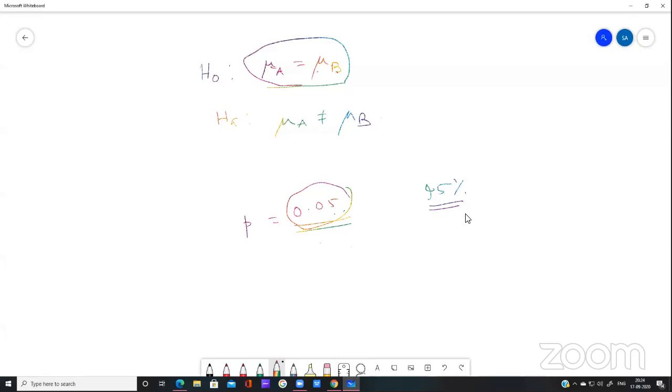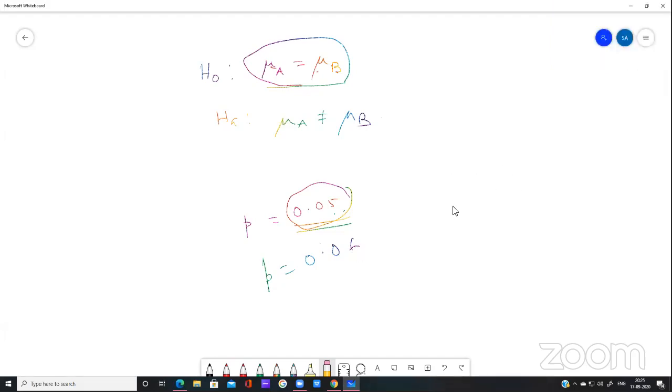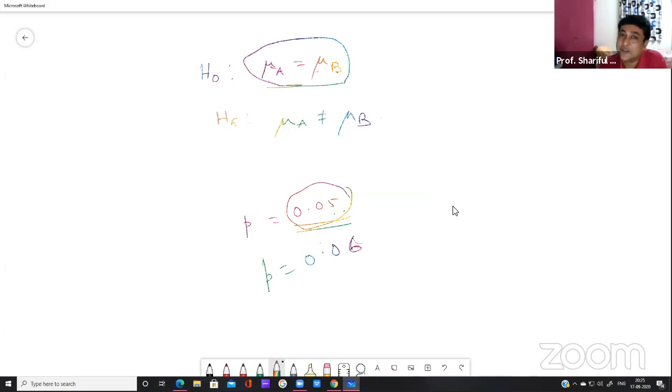Now, if the p-value is 0.06, what does it mean? Simply, we can assume 6% evidence is against the null hypothesis, so 94% evidence is in favor of it. Whether you accept or not, you decide.